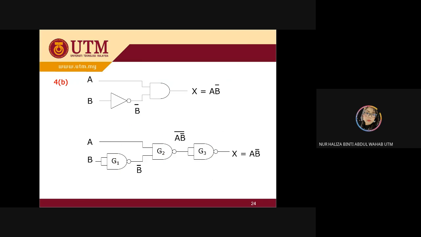So normally the question will inform you whether you need to change at the odd level or even level. If it asks you to change only at the odd level, you're going to change these two levels in this circuit. For this, you're going to change only this if it is odd.